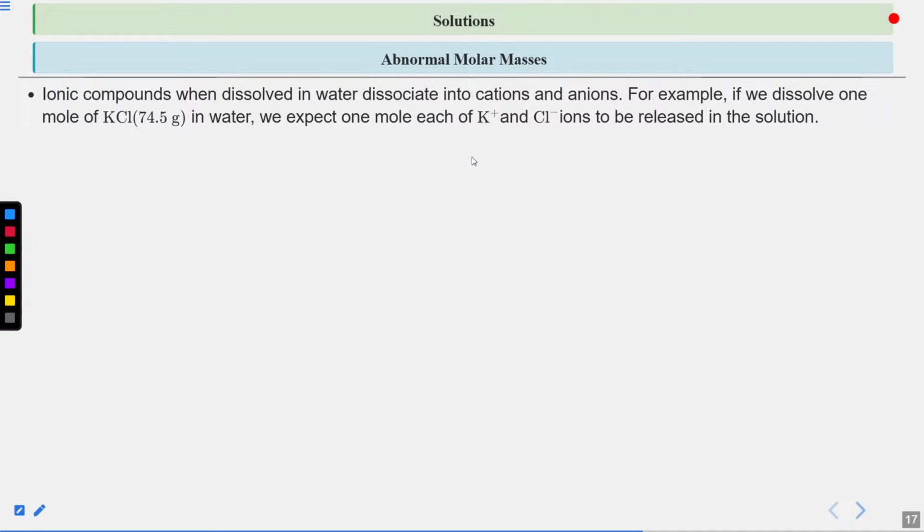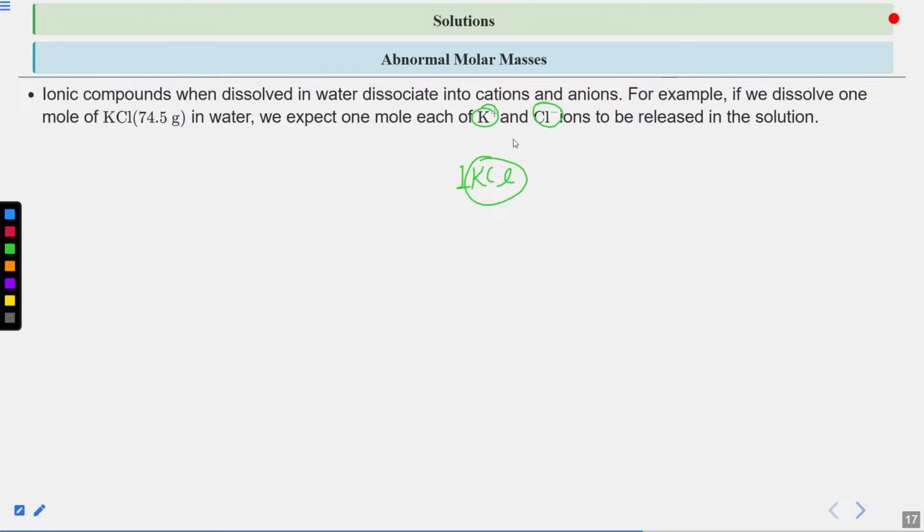So what will happen when you are dealing with ionic substances? Suppose we are assuming that we are dissolving one KCl molecule, but actually what will happen when it goes into the solution? It will dissociate as 2 particles. So basically you are getting 2 particles out of 1, and we know very well that colligative properties are totally dependent upon the number of particles.